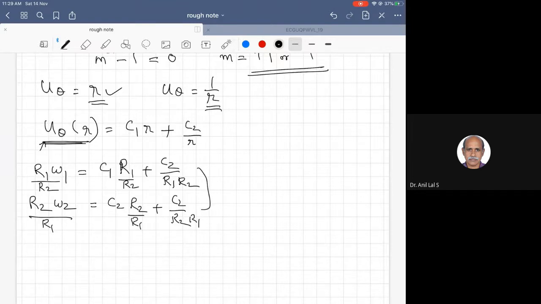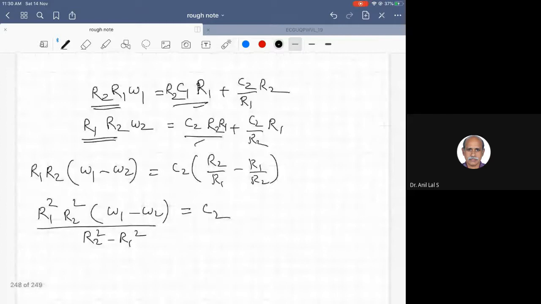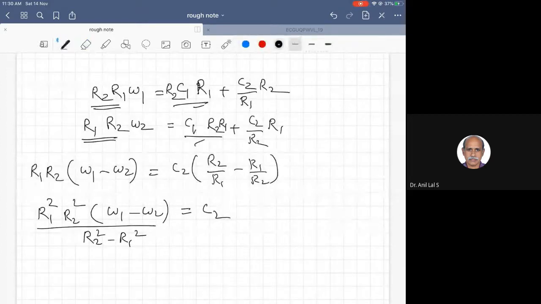Now in subtracting we get R1 omega 1 by R2 minus R2 omega 2 by R1 equal to, this is actually C1, so that was a mistake.